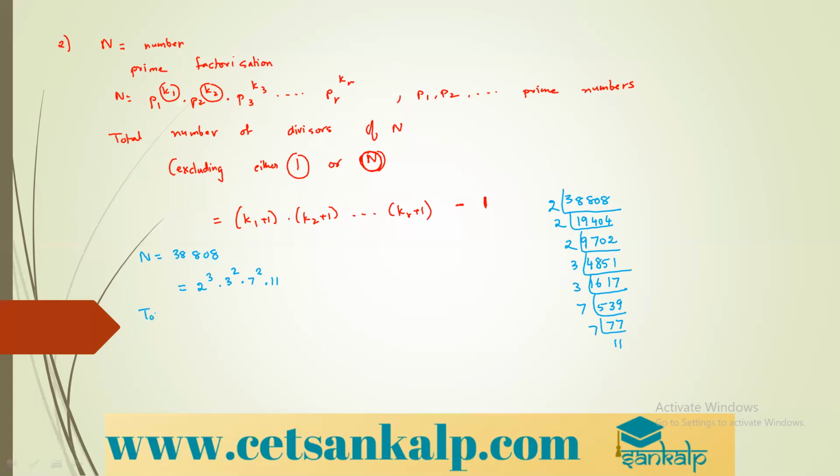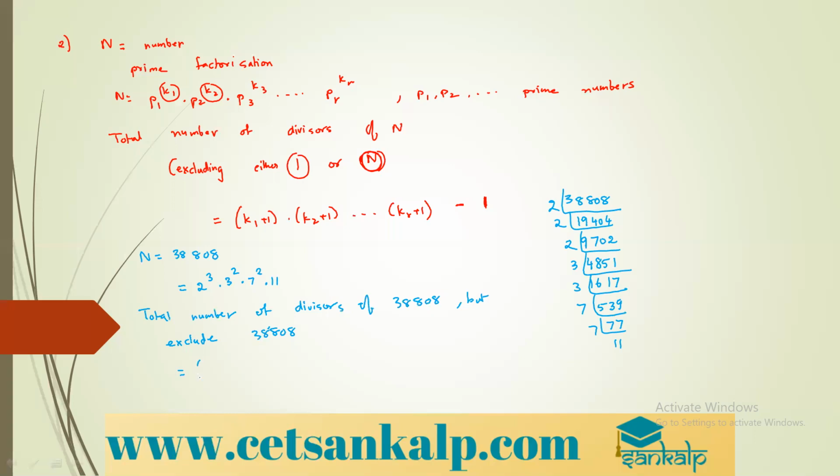So suppose I am finding the total number of divisors of this particular number 38,808, but the condition is: exclude this number itself. That's the condition.